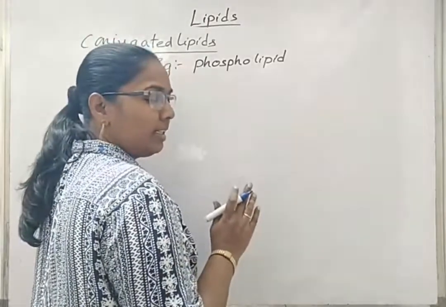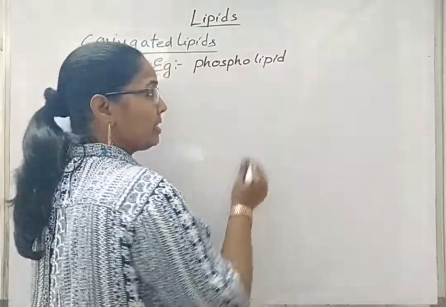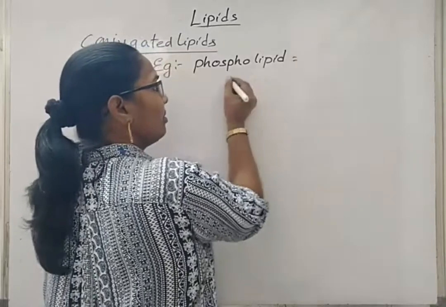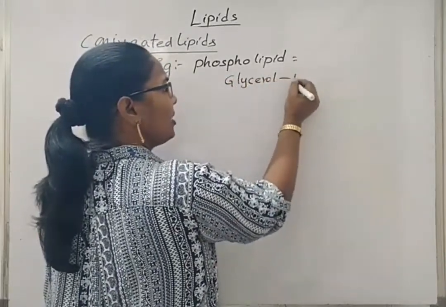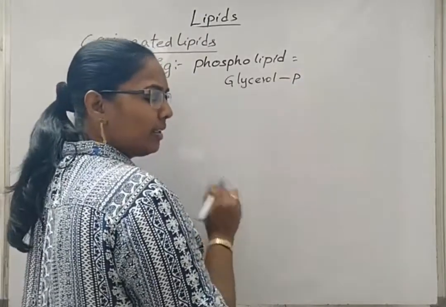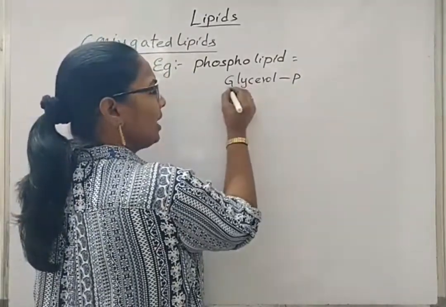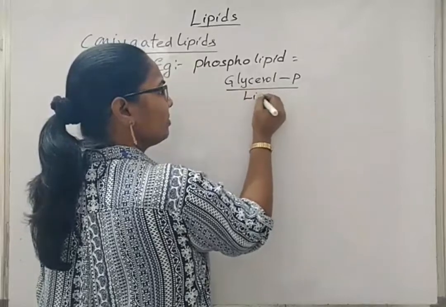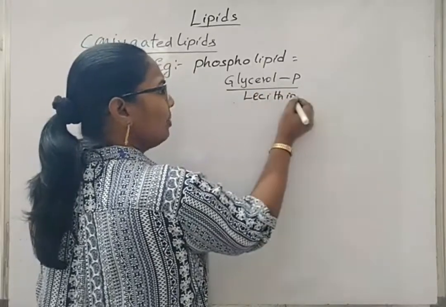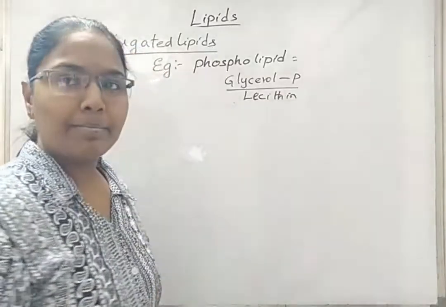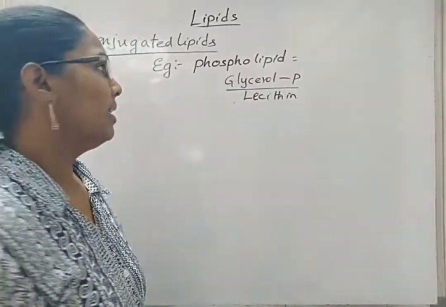Mostly these are seen in nerve membranes. Now, when one glycerol is attached with one phosphate, we give the term lecithin. Glycerol plus phosphate of a lipid combined can be termed lecithin.